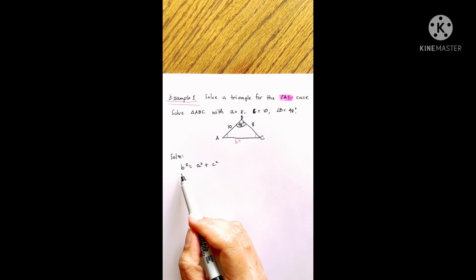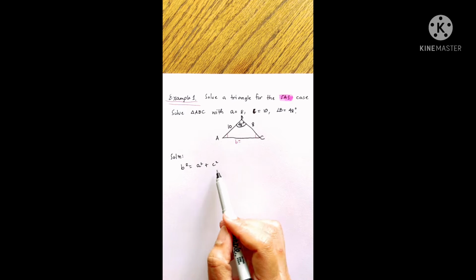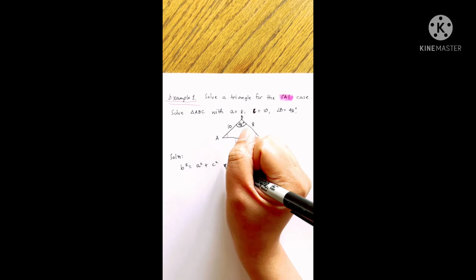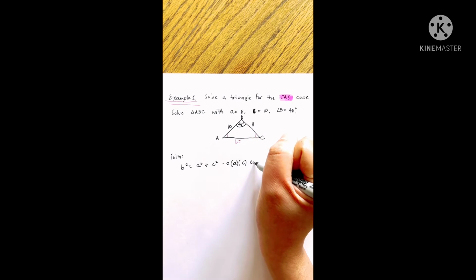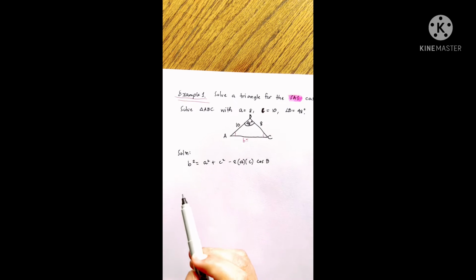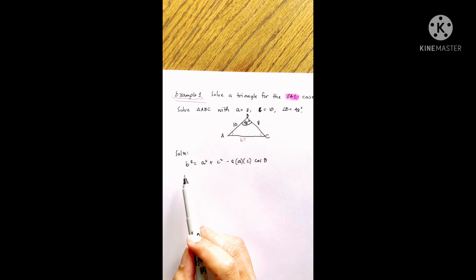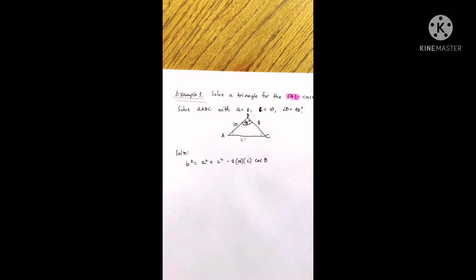Since we're looking for b squared, the values in here should be the rest of the sides, and then minus 2 times a times c times cosine of angle B. Whatever side is in here, the angle should be the opposite angle, which is angle B.